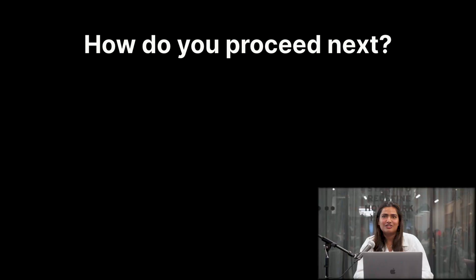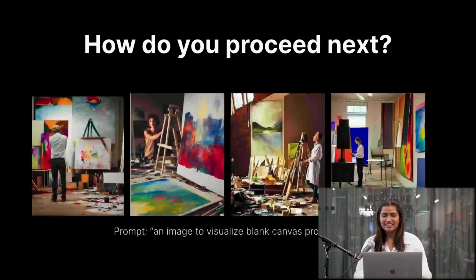What do you do next, though? Right? You have this mood board, and then you need to combine those concepts together in some way to actually then portray what the combination of those looks like. Currently, you kind of end up with this blank canvas problem where even though you have this mood board of all of these ideas, you kind of look like these people who are like, okay, well, how do I combine these?